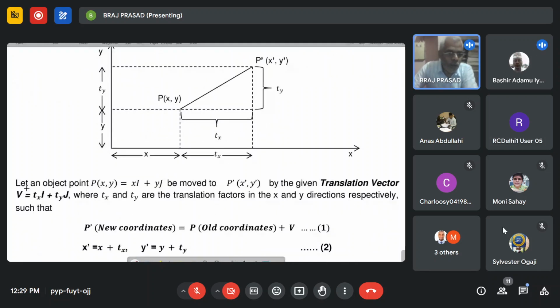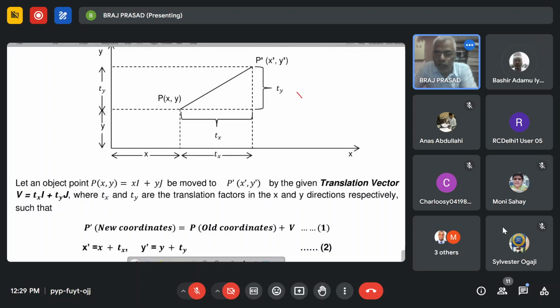Now let an object point, this is our object point p(x, y), and the vector of this coordinate is xi plus yj. In xi, i indicates the direction of the x axis, and in yj, j indicates the direction of the y axis, because it is not necessary that x will be horizontal.